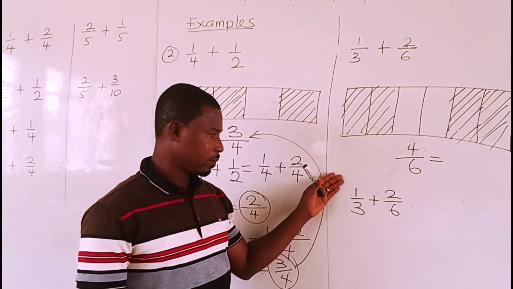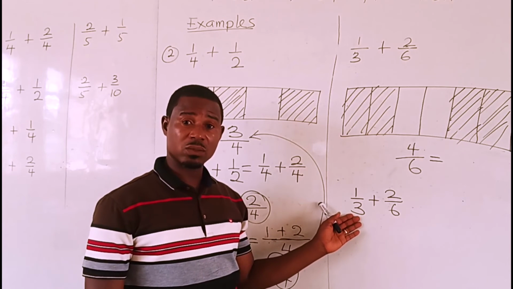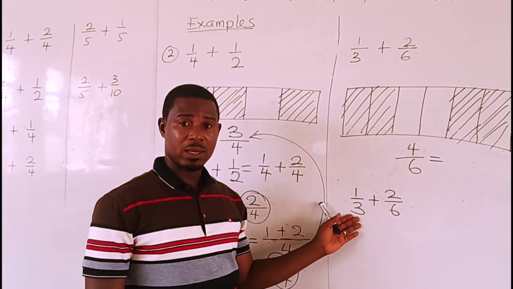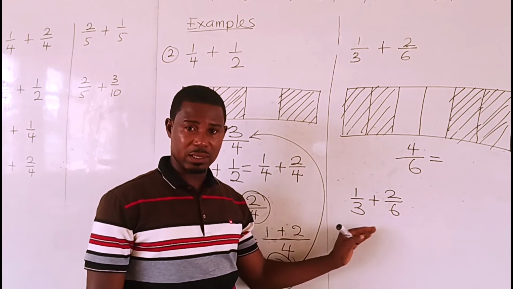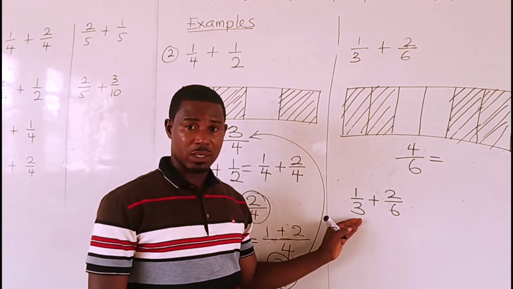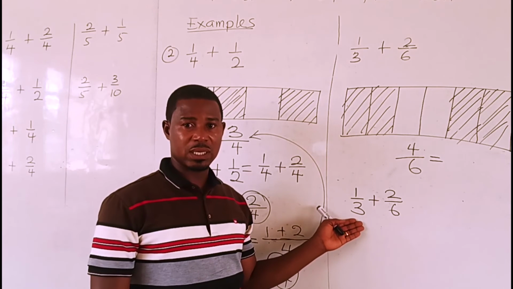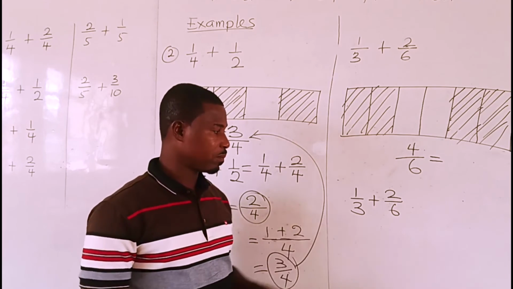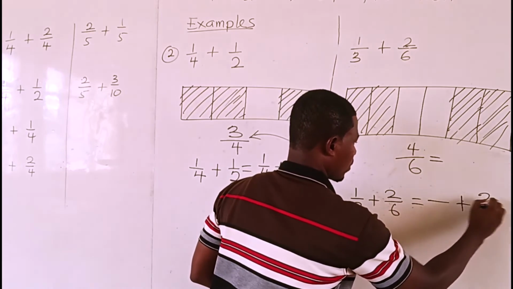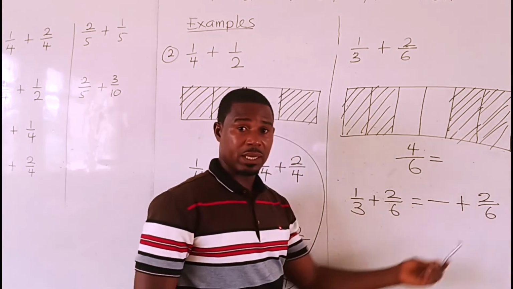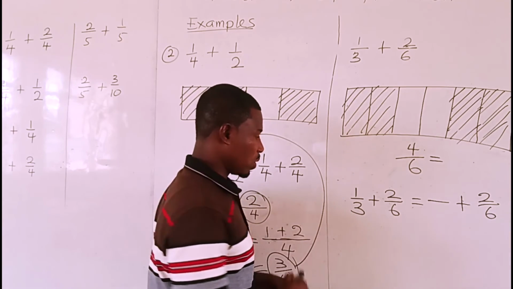Once again, 1/3 is the fraction with the smaller denominator, and so we are going to work on it because 6 is a multiple of 3. So if 6 is a multiple of 3, then we must work it out such that all the denominators should be 6. We are maintaining the 2/6. Let's work on 1/3.